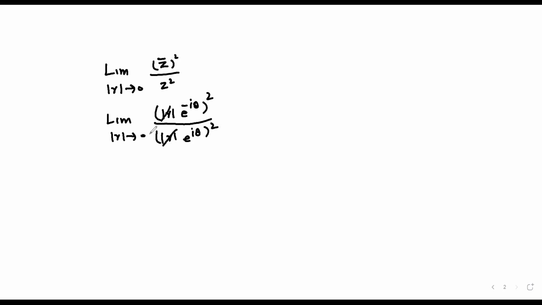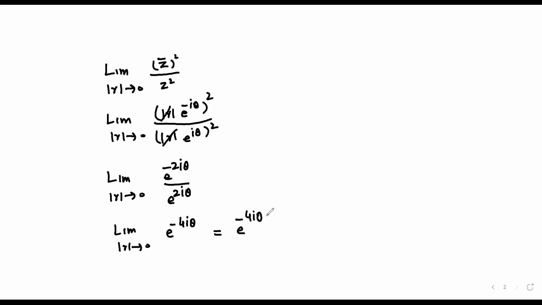So this modulus of r cancels with this. So the limit as modulus of r approaches 0: here we have e raised to power minus 2 iota theta, and then e raised to power 2 iota theta. Now we have e raised to power minus 4 iota theta.